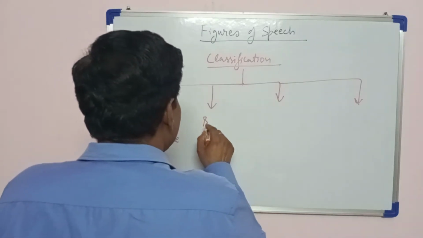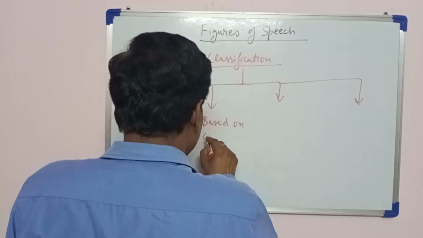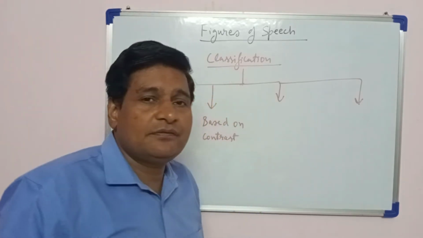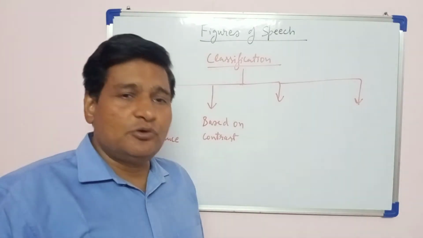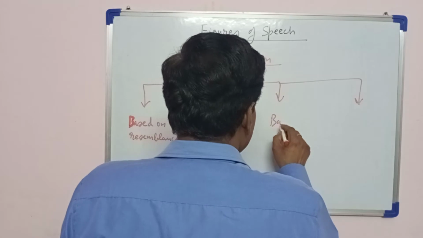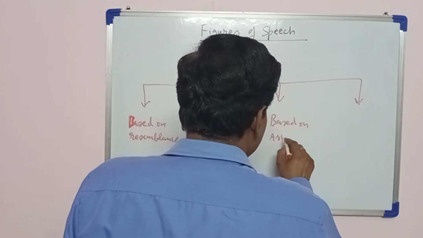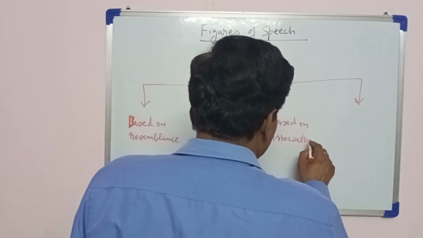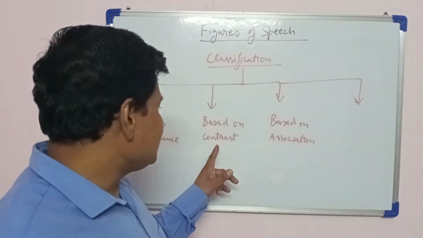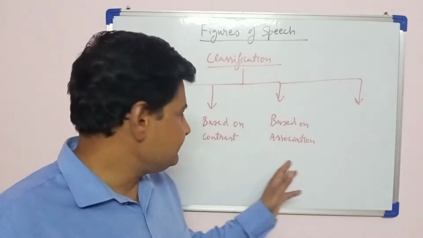Resemblance means identification. Then there are devices which are based on contrast. Contrast means things of opposite nature. Then third category, these are based on association. Things of similar nature. So contrast and association, these are opposite words.